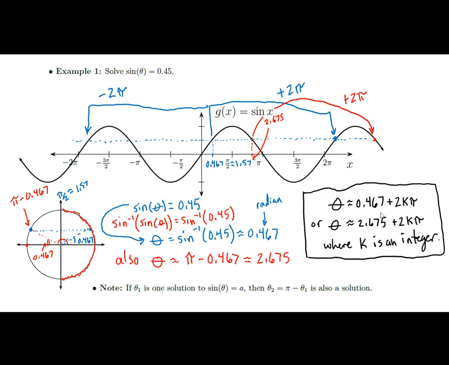Okay, and so instead of expressing it this way, you would use this formula to find some of the other solutions, but this encompasses all infinitely many of the solutions that we know we have. And then down below here, I just made a note that if you already have a solution to the sine of theta equals a, then a second solution is always found by taking pi minus that first solution. And we saw that happening right here.